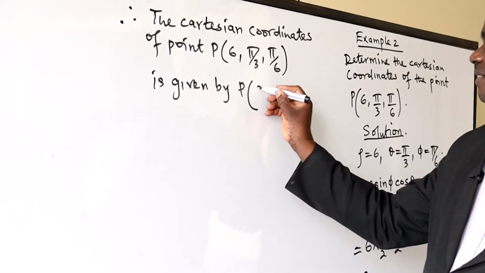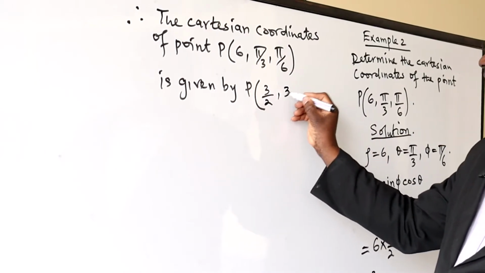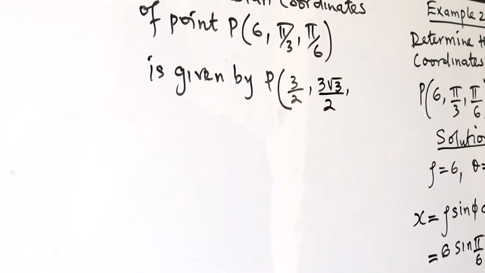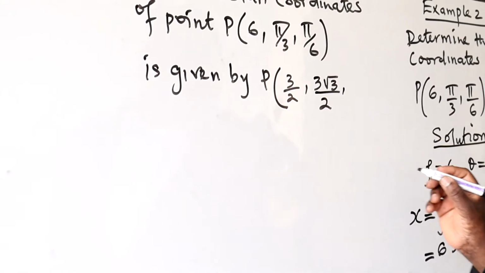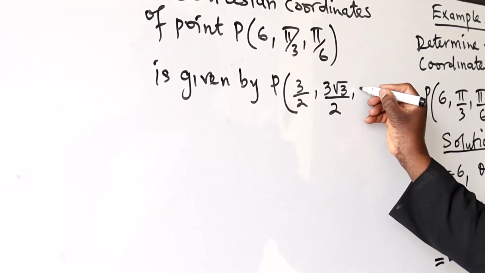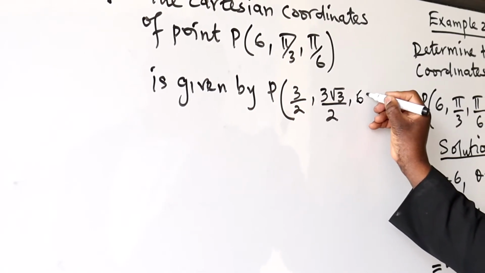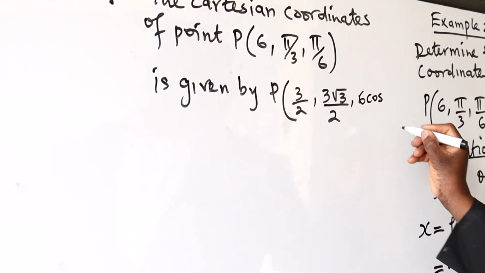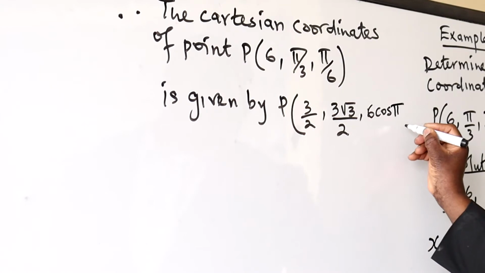Our x is 3 all over 2, our y is 3 root 3 all over 2, and our z is rho cos phi, which is equal to 6 cos phi, and our phi is pi all over 6.